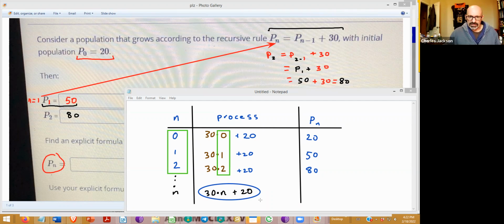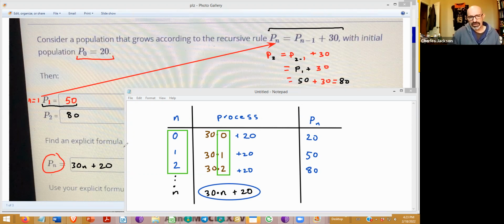This is linear growth, by the way. So there is our explicit formula. P sub n equals 30 times n plus 20. 30n plus 20.